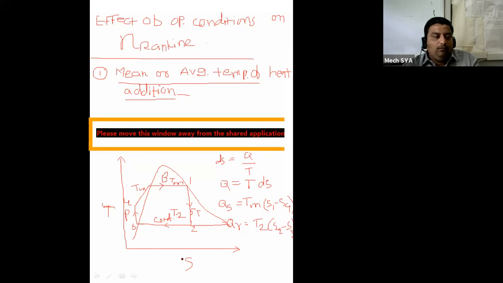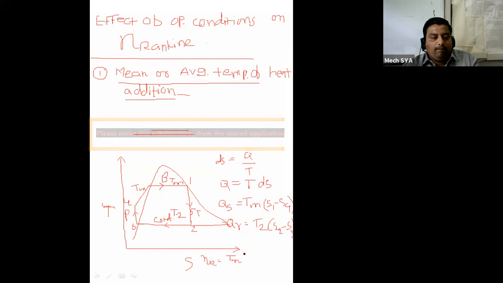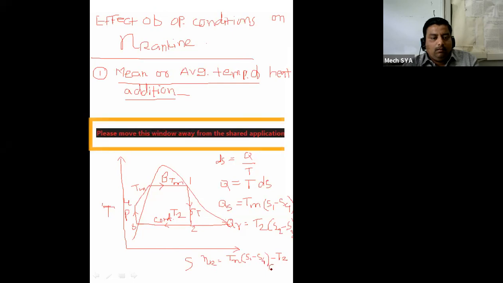And therefore the efficiency will become what? Eta Rankine is equal to heat supplied minus heat rejected. That becomes Tm into bracket S1 minus S4, minus T2 into bracket S2 minus S3. Here we put directly S1 is equal to S2 and S3 is equal to S4.